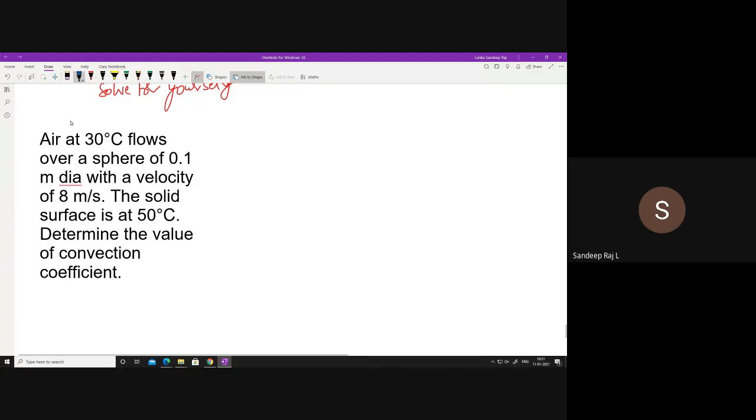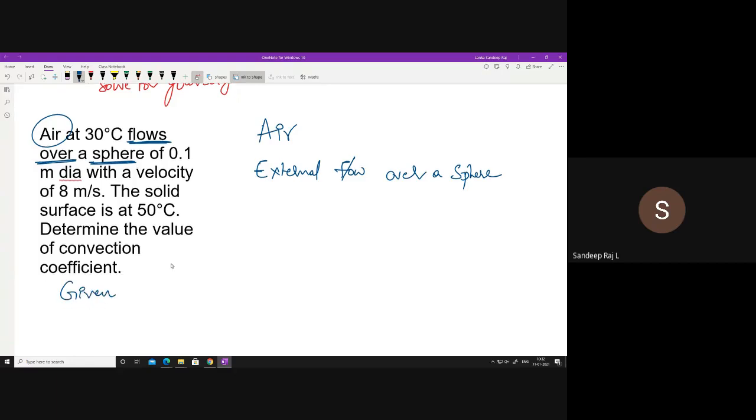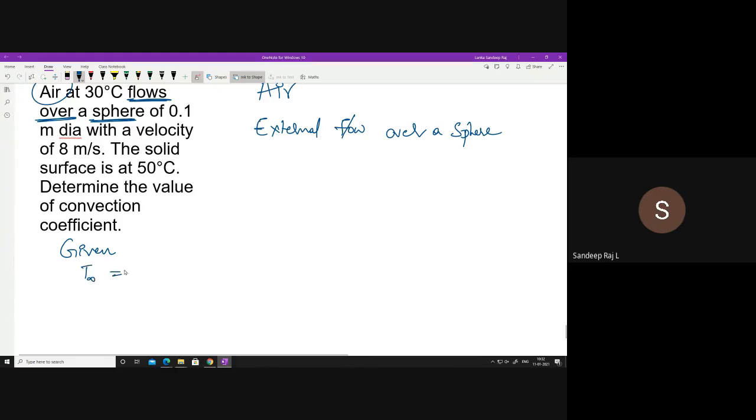All right. So now here in this problem, air is taken, so this is an air question. And is it an external flow problem? Yes, it is an external flow problem. Flow over means an external flow, and here it is external flow over a sphere. The T infinity value is 30 degrees centigrade.